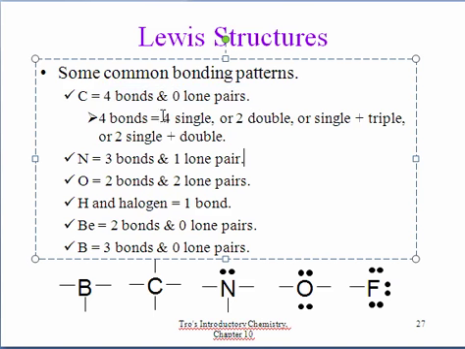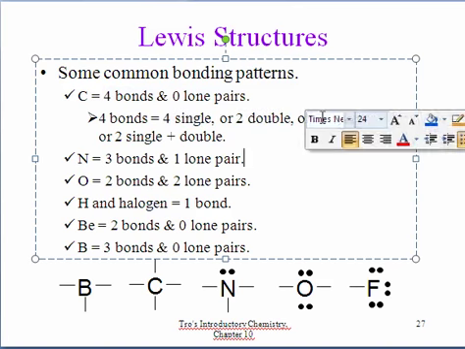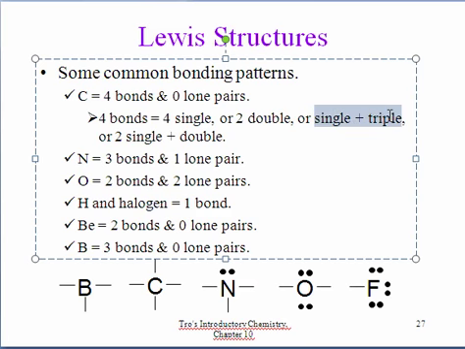Those 4 bonds can be 4 single bonds, or 2 double bonds, or a single bond and a triple bond, or 2 single and 1 double. However you add it up, carbon will always have 4 bonds.